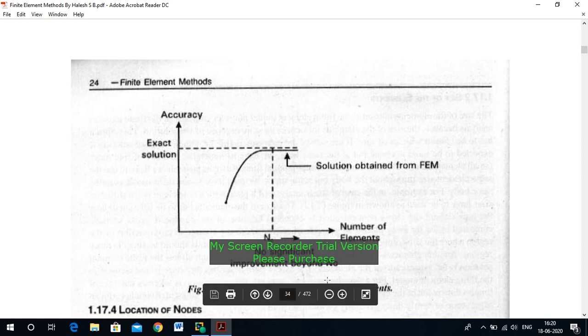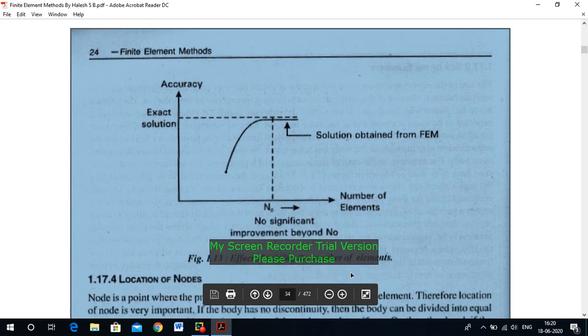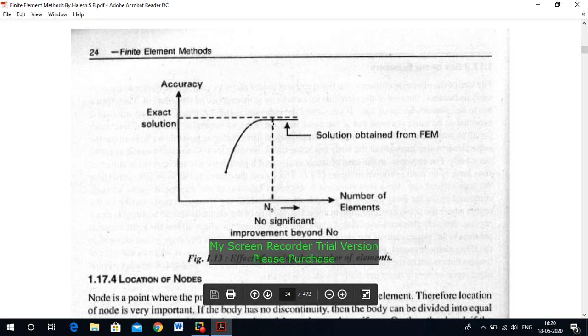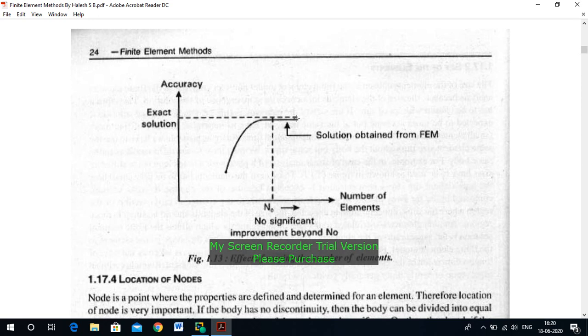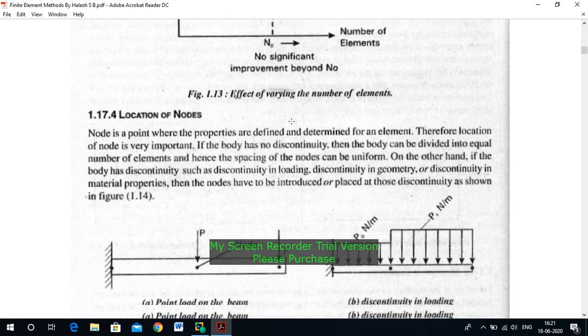This is the effect of the number of elements. The accuracy has already been reached, so you don't need to do any further discretization after reaching this point. That is very important.